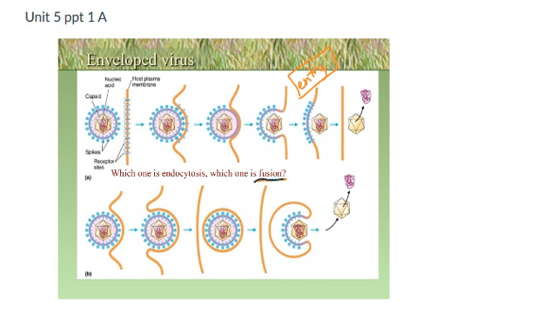One of these 2 are fusion, and one of these 2 pictures are endocytosis. Fusion is when you have a fusing of the membranes. So right away you should realize that a naked virus can't do fusion because fusion implies that there's a membrane in both not only the host cell but also the virus.